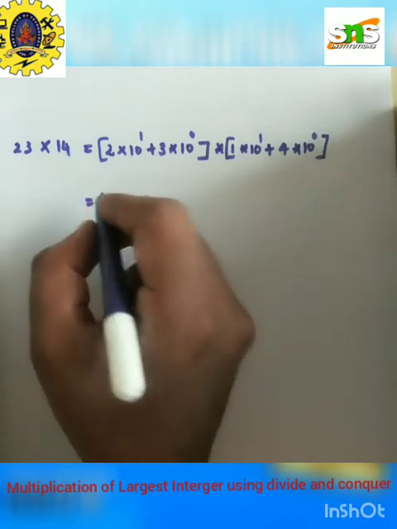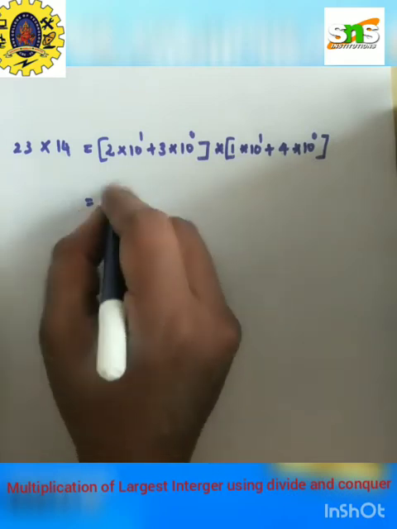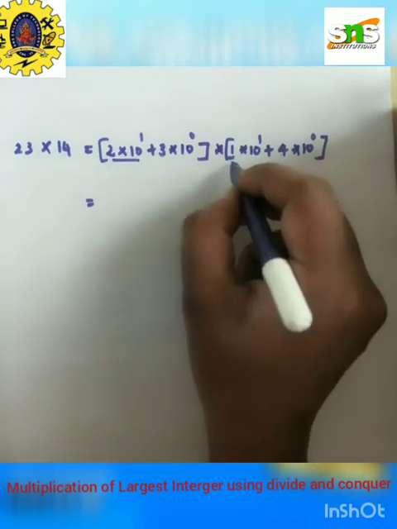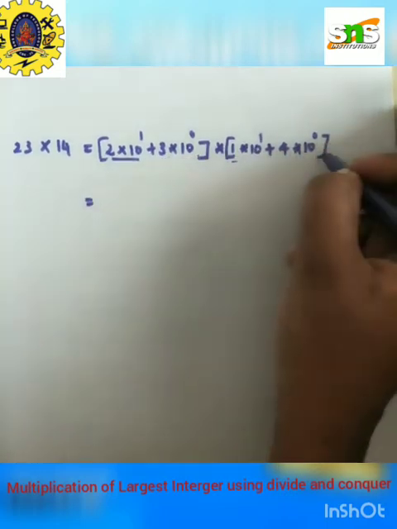Okay, next we are going to simplify the terms with the multiplication. We multiply this term with these two terms, and that term with these two terms.